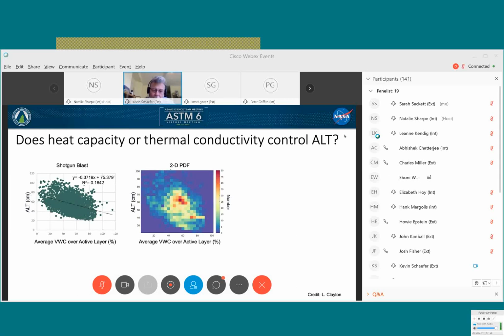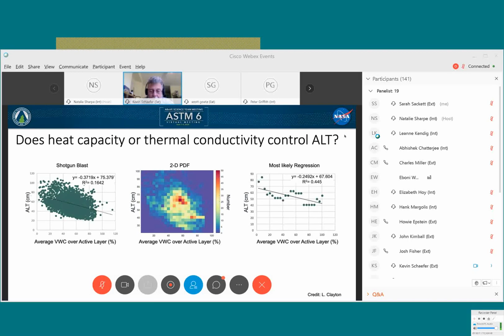Then for each volumetric water content, you pick the maximum value in the PDF, which represents the most likely value of active layer thickness for that volumetric water content. Next, please. And you get a much cleaner relationship. By doing this, essentially we're trying to get rid of the noise, because this data is naturally quite noisy. We get the same relationship, but a much stronger R-squared, and this is, in fact, statistically significant.